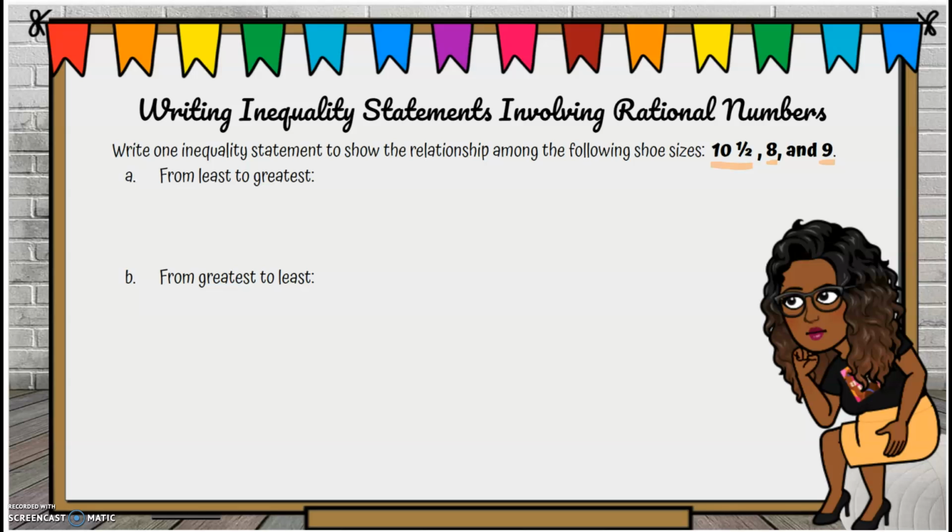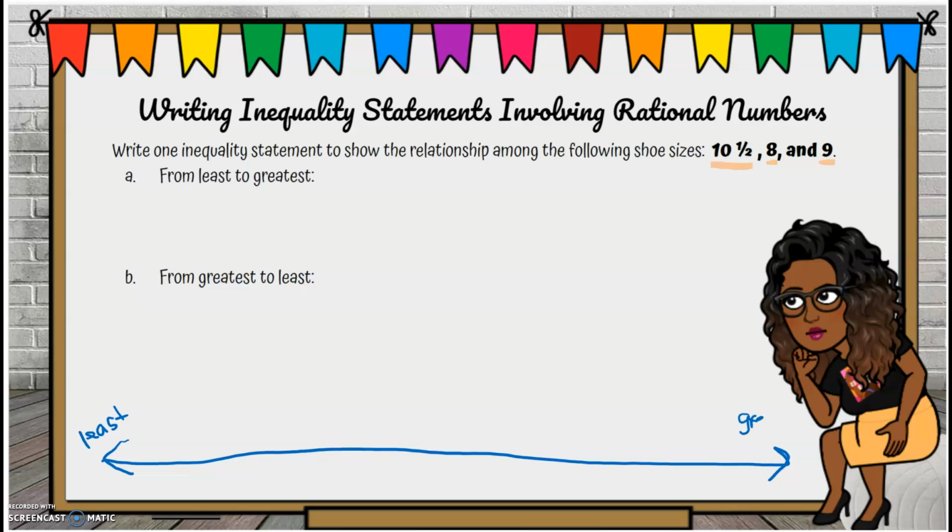Okay, so I'm going to start off by drawing my number line to remind me which order the shoes are going to be in. Remember that more to the left is going to be the least, and more to the right is going to be the greatest.